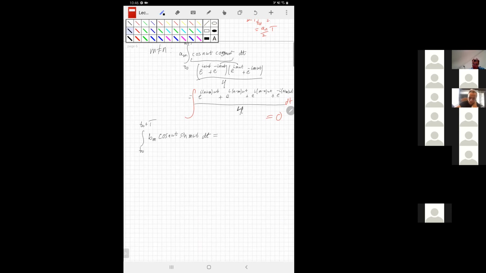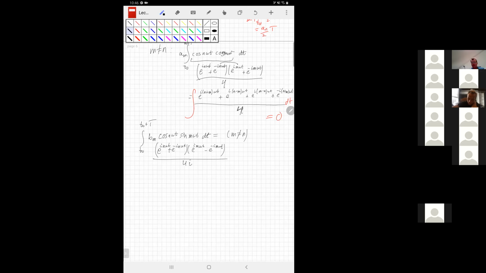Well, if m is not equal to n, we're going to have e to the i n omega t plus e to the minus i n omega t times e to the i m omega t minus e to the minus i m omega t, whole thing divided by 4i.